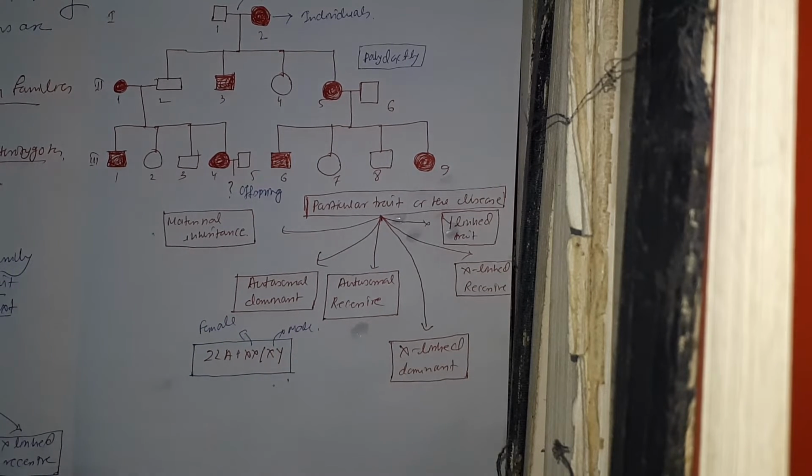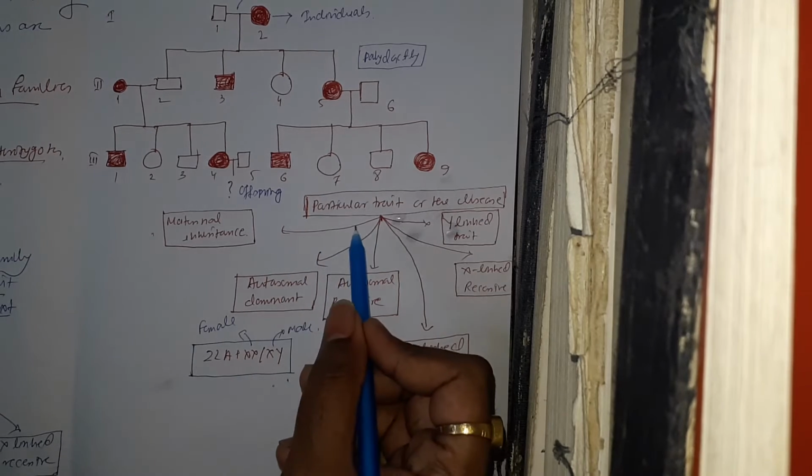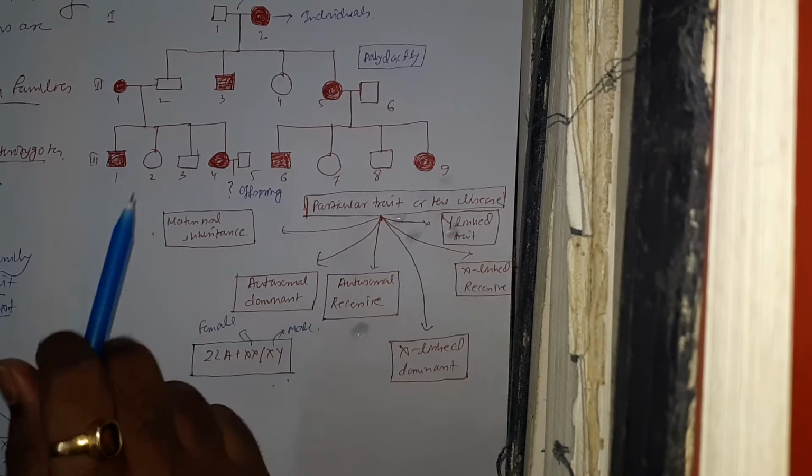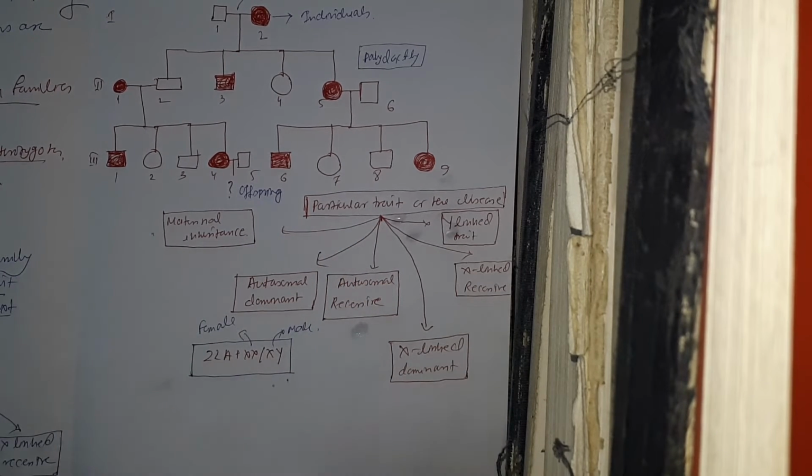Okay, but all that a particular trait or disease that a pedigree can detect is simply the result of a defect in chromosomes.